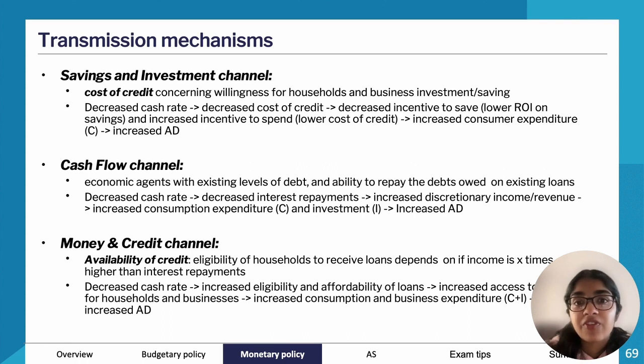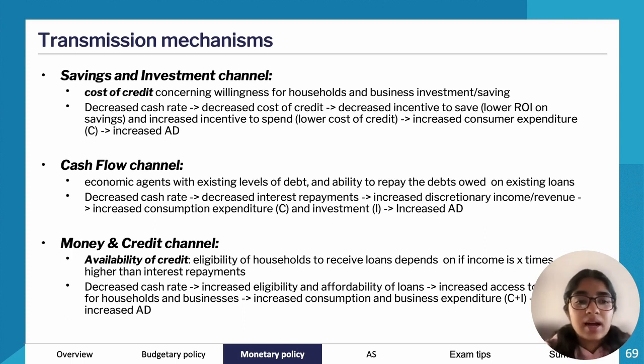Every year, they have to pay 4.85% of that as interest. So that means that the cost of credit, or the cost of borrowing, is higher. So that reduces the willingness and ability of households and businesses to borrow money from banks. Okay, so reduced consumption, reduced investment spending.